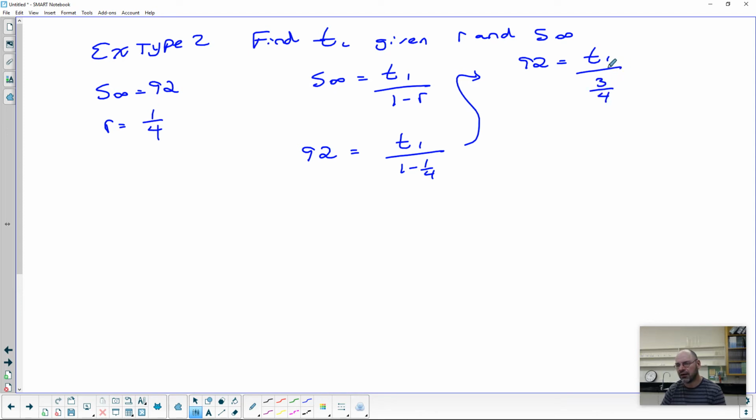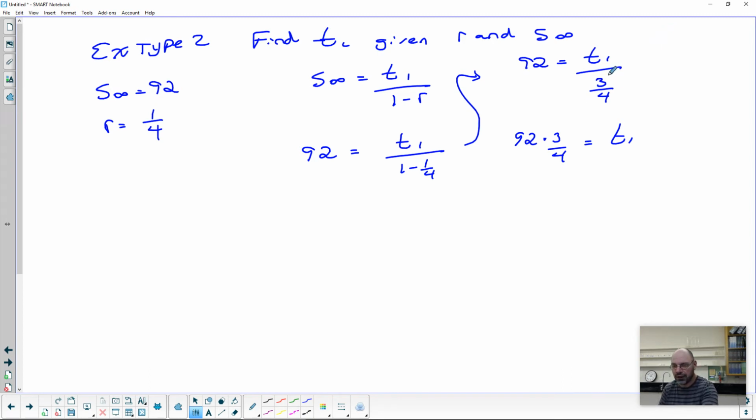To get rid of the 3 over 4, we have to multiply both sides by 3 over 4. So 92 times 3 over 4 is equal to T1, because if I multiply by 3 over 4, it cancels that out.